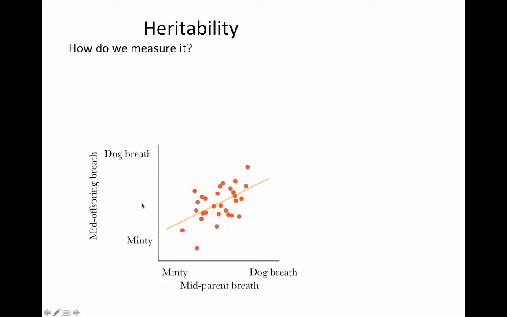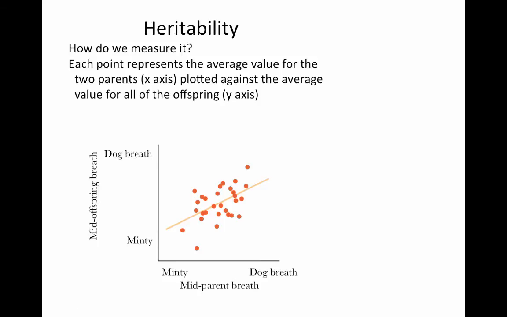So let's go through this graph point by point here. Each point on the graph represents the average value for the two parents, mother's value plus father's value divided by 2, plotted on the x-axis, and then the mean trait value for all of the offspring of those two parents on the y-axis.